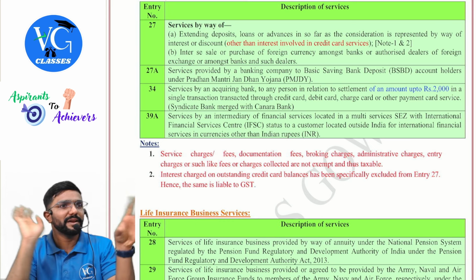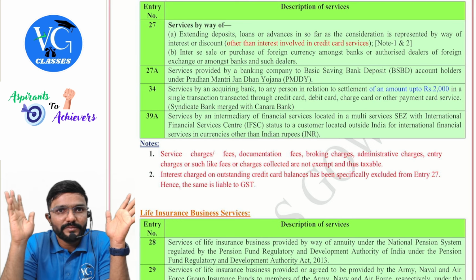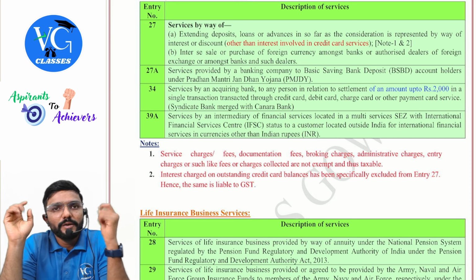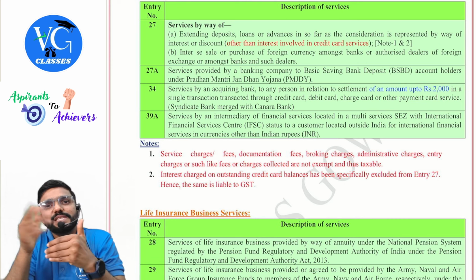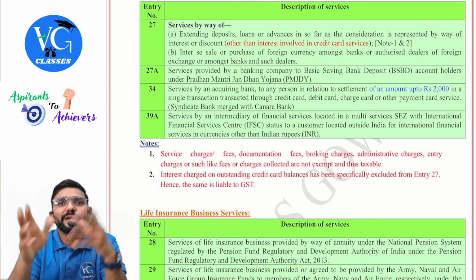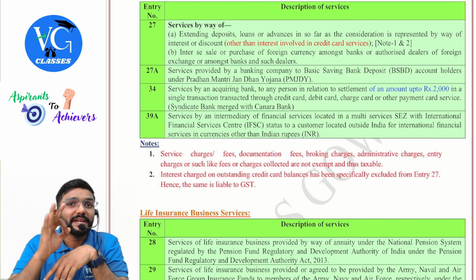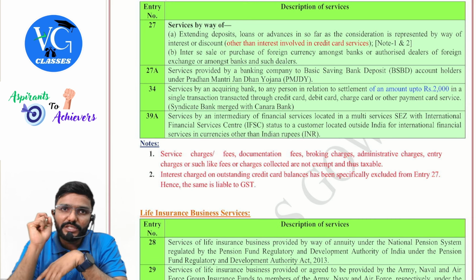Do you remember the table I had given? Aggregate turnover includes all exempt supply as per 2.6. 2.6 defines aggregate turnover. But Explanation 1 and 2 to section 10 told, please exclude one exempt supply. Which was that one exempt supply? This one, guys. And this will again come in the registration chapter also.